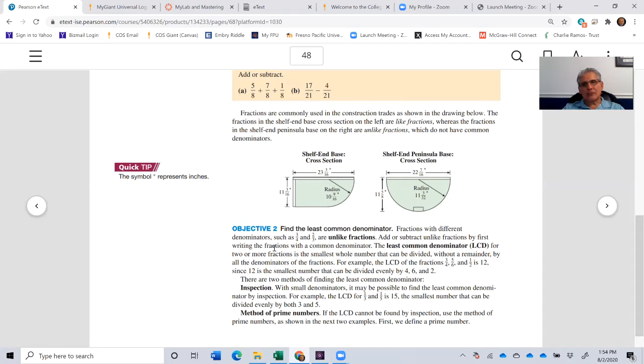So what we have to do is find a common denominator between those two fractions. Once we find the common denominator, then we can convert those fractions to the common denominator, and then we can add or subtract. But before we get to that point, we've got to be able to come up with the lowest or the least common denominator.